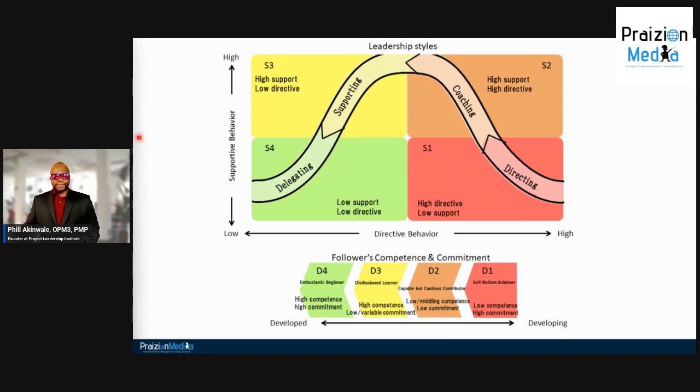But either way, the leader needs to discuss the follower's willingness by asking open-ended questions intended to help the follower recognize the source of performance challenge and generate a viable solution. And one of the ways managers do this for folks in this quadrant is they prop supports around them. That's why we call it supporting.